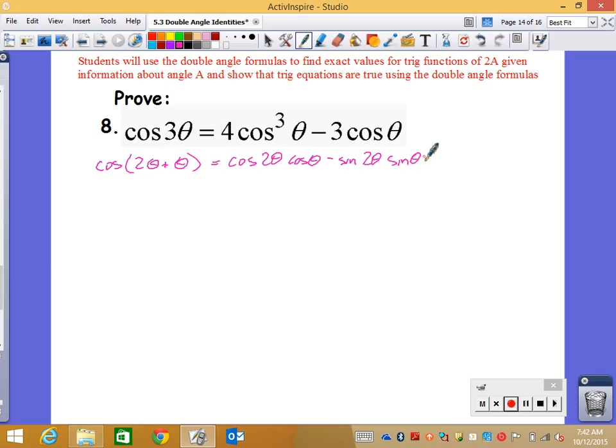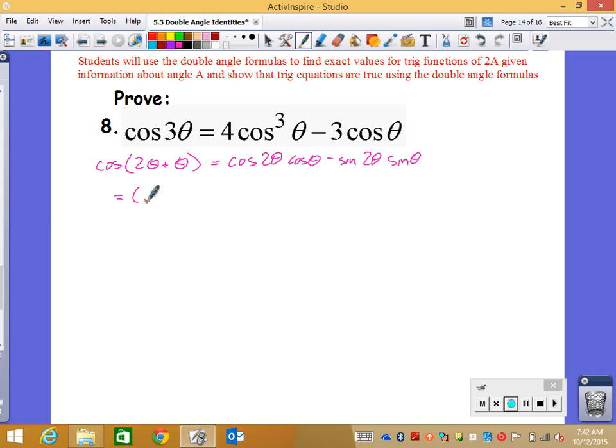Now, I have these double angle identities, cosine 2 theta, sine 2 theta. Now you're going to have to kind of recognize what I want in the very end. I want only cosines right now. But I'm going to start by writing this cosine of 2 theta. Now I have 3 to choose from.